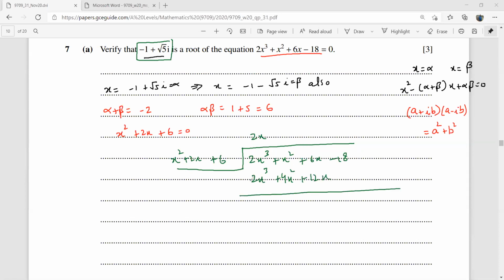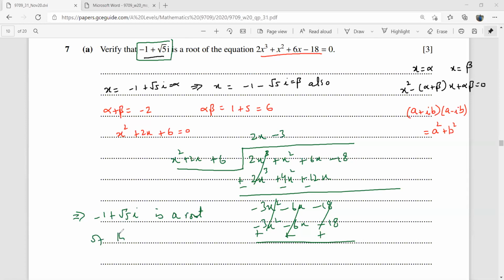Okay? So we subtract, we get minus 3x squared minus 6x minus 18, and this times minus 3 will give us minus 3x squared minus 6x minus 18. So all of this is cancelled out. So this implies that minus 1 plus under root 5 iota is a root of the given equation. That is the root of the given equation.